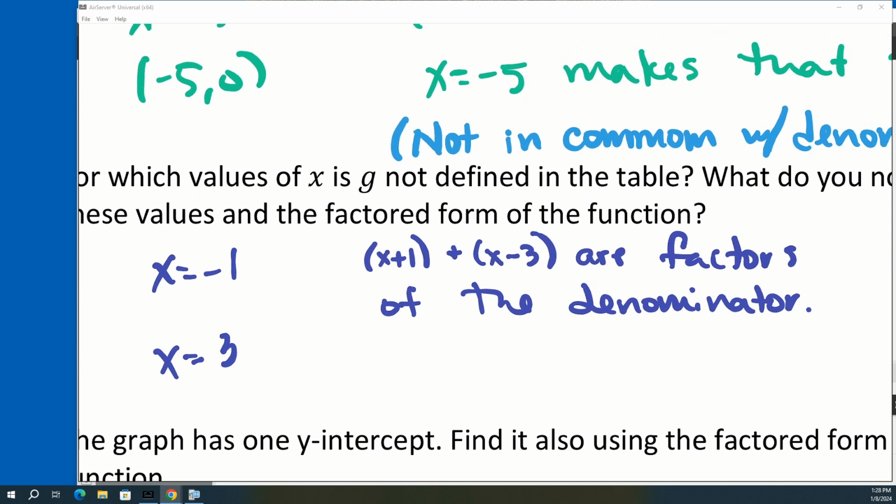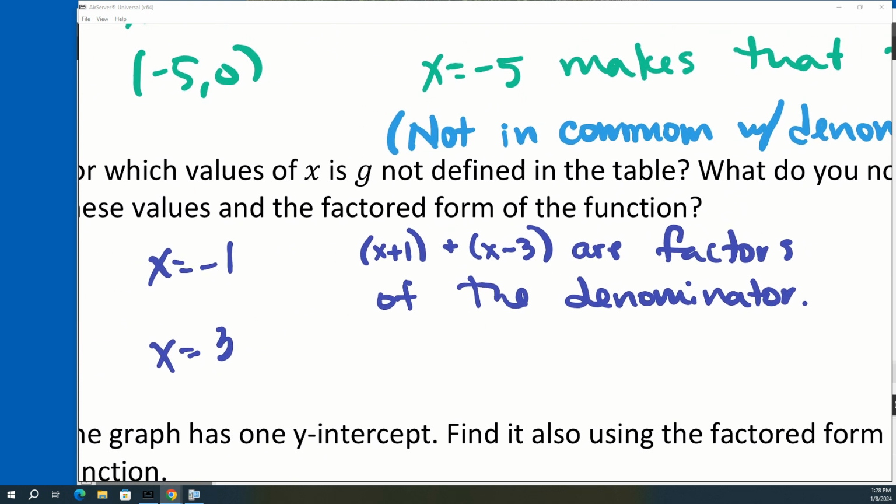So x plus 1 and x minus 3 are factors of the denominator. x equals -1 and x equals 3 make those zeros.